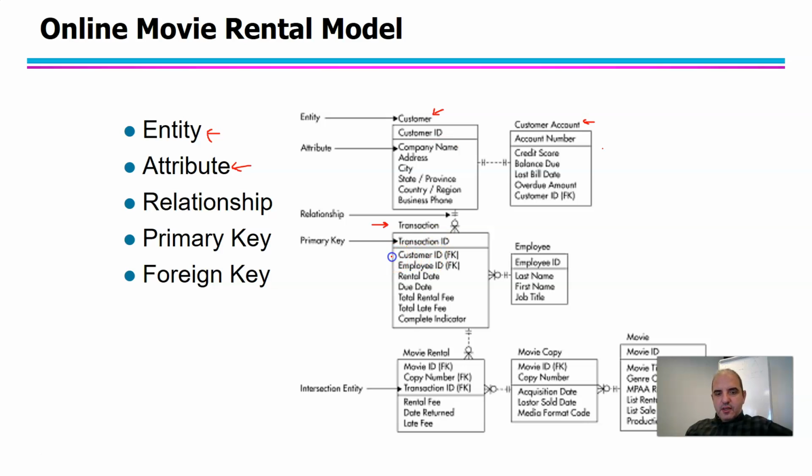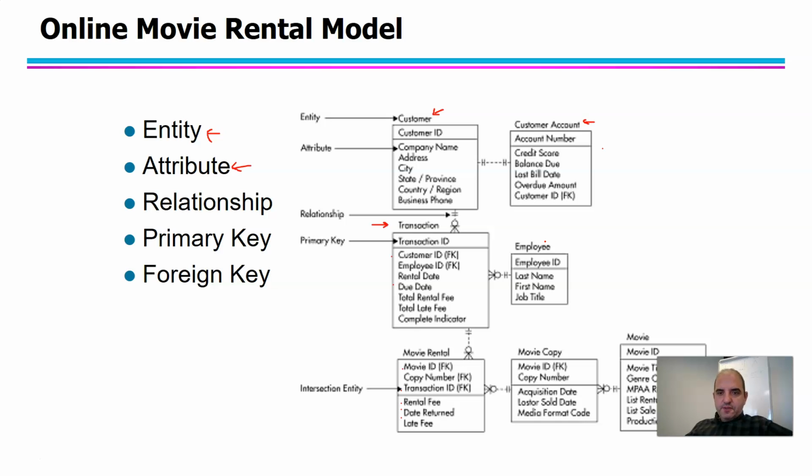So customer ID over here, due date, everything you see inside the rectangle is an attribute of the entity. So acquisition date is an attribute of movie copy. First name is an attribute of the employee entity.